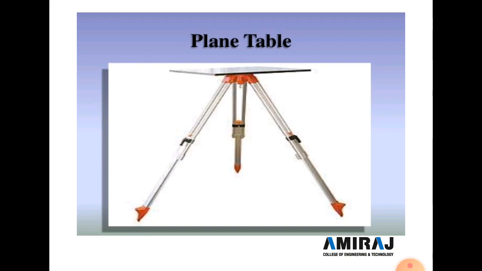Now see this exact figure of the plane table. This one is a tripod stand, and above the tripod stand the plane table is fixed. Generally the plane table available in the market is made of wood.